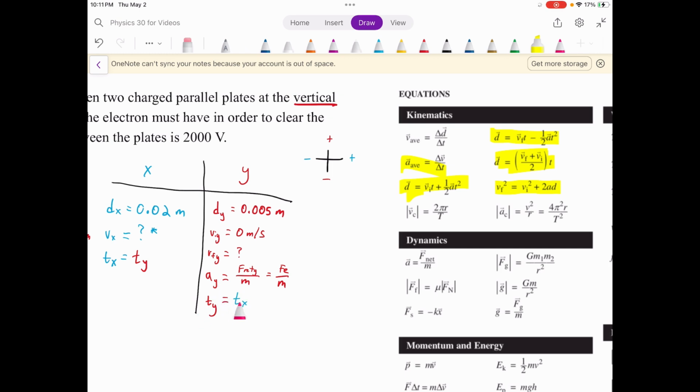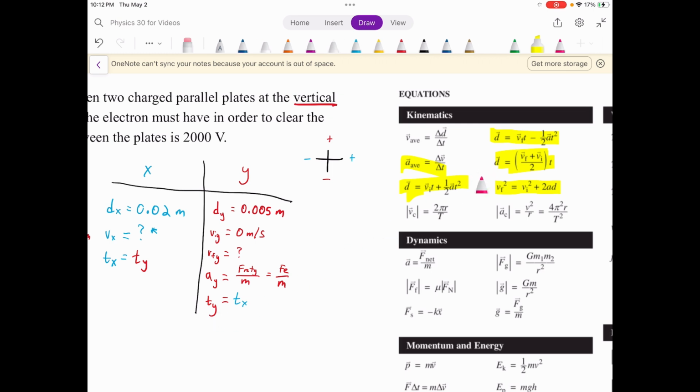Well, like we said, we need to find the time in the y-axis to bring it over to the x-axis to finally find the velocity in the x-axis. Right now, we only know 2 variables in the y-axis. We want to know the time. Now, if we look at the acceleration in the y-axis, though, we're on to something here. Maybe, right? If we could get the acceleration in the y-axis, we would then have 1, 2, 3 variables in the y-axis, and we'd be able to find the time, right?